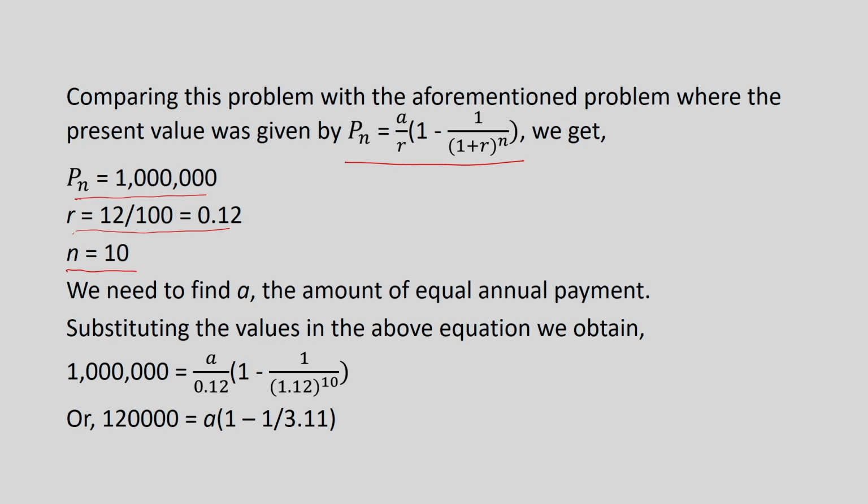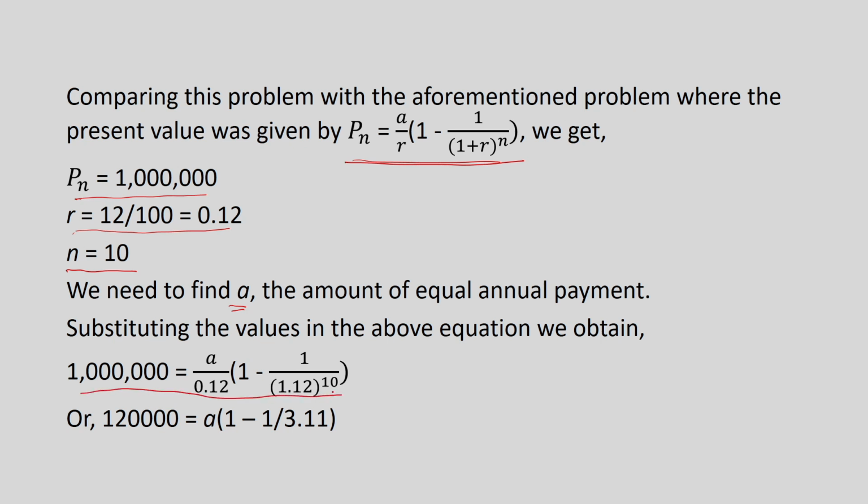So, what we need to find is small a, the amount of equal annual payment. Now, we have to basically substitute all these values into this formula, and the only thing that is unknown is small a.